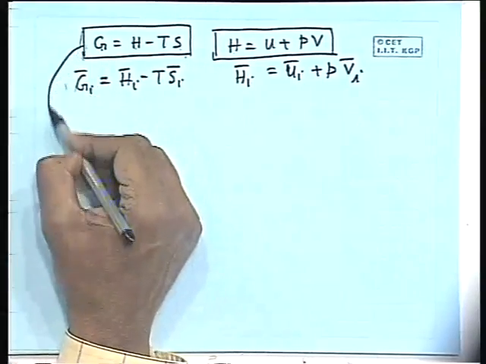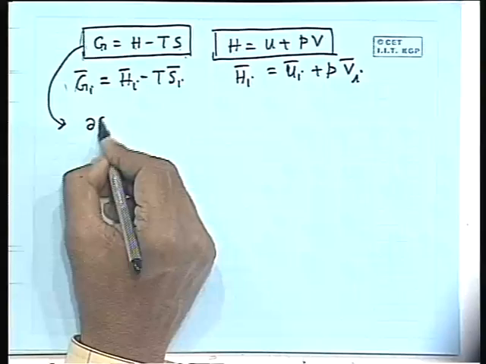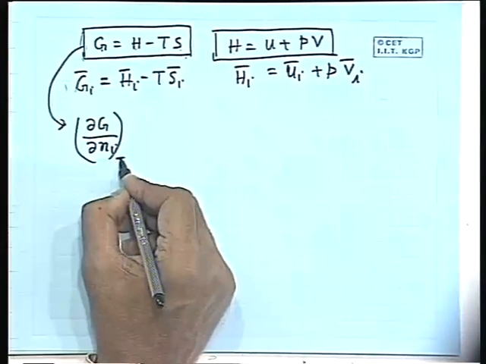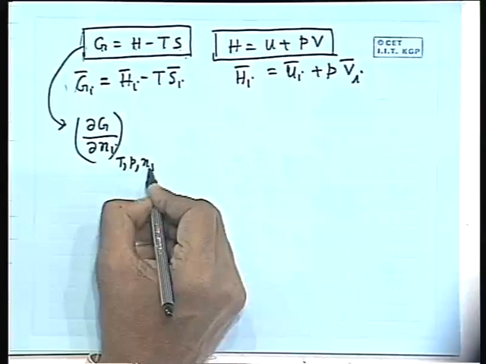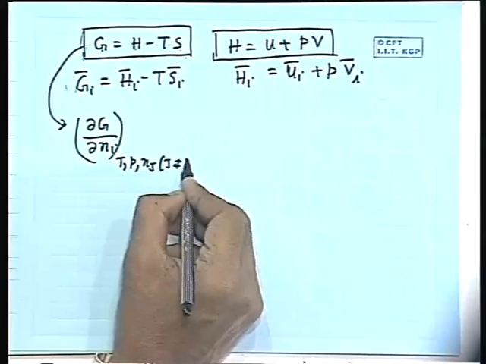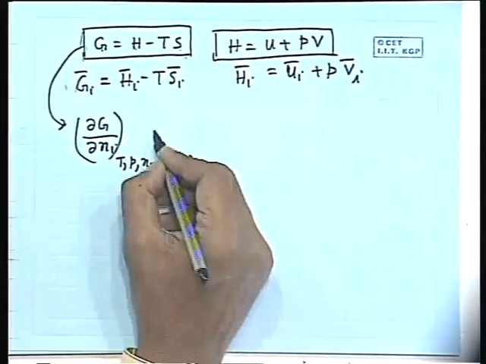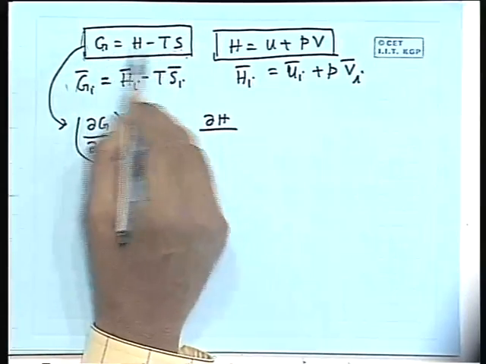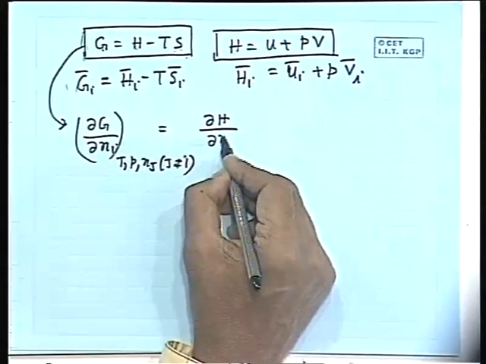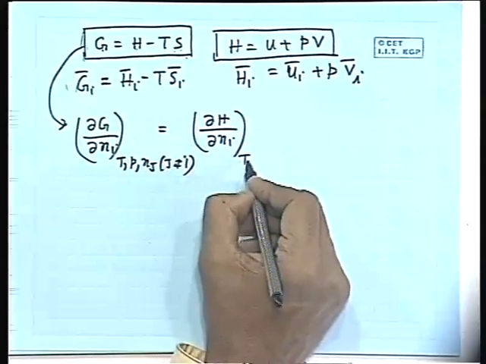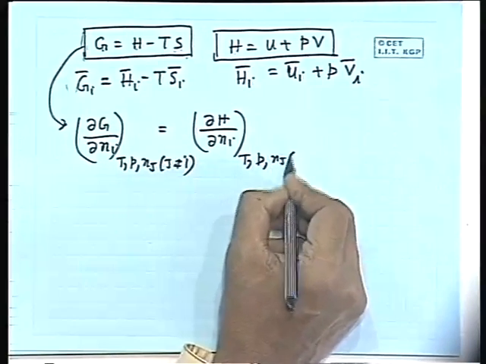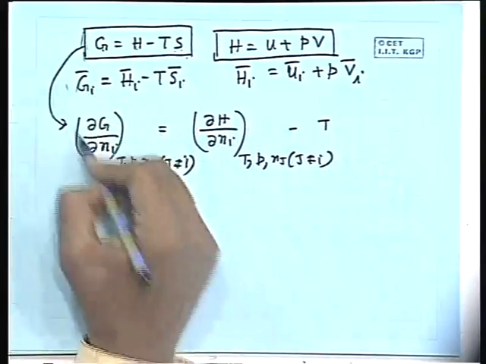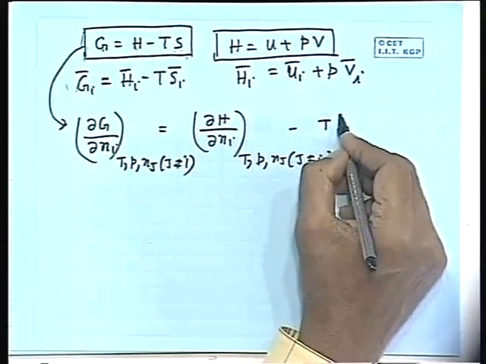Very simple, you differentiate this function with respect to n_i at constant temperature, pressure and n_j, all other compositions with j not equal to i. Similarly, on this side you do the same, because we have to do the same operation on both sides to maintain the equality, with the same constraint T, P, n_j, j not equal to i. It is extremely simple. We are doing it at constant temperature and pressure, so T is constant.